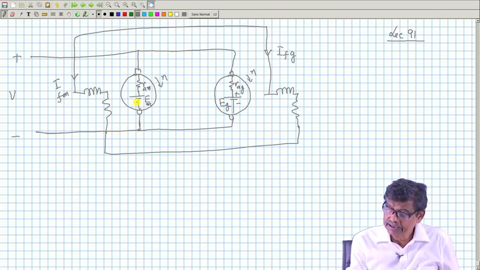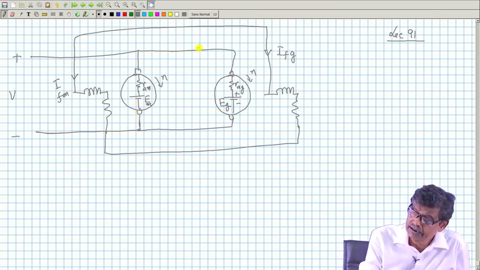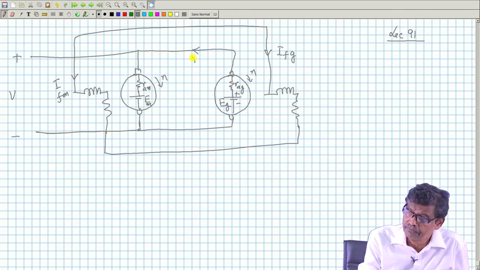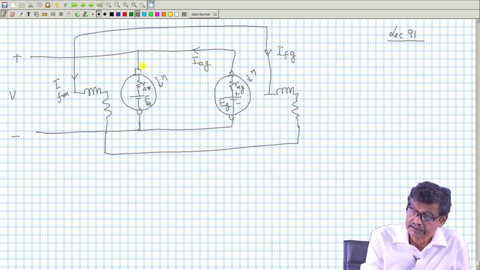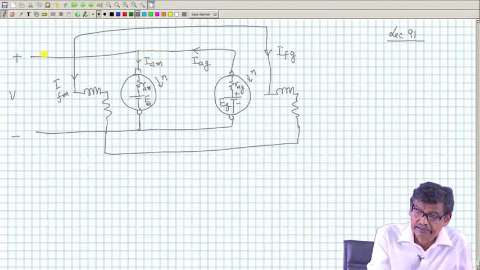And I will make EG greater than EM, so that current will flow. This is the armature current of the generator, as you can see. This is the armature current of the motor, and this is the current drawn from the supply.